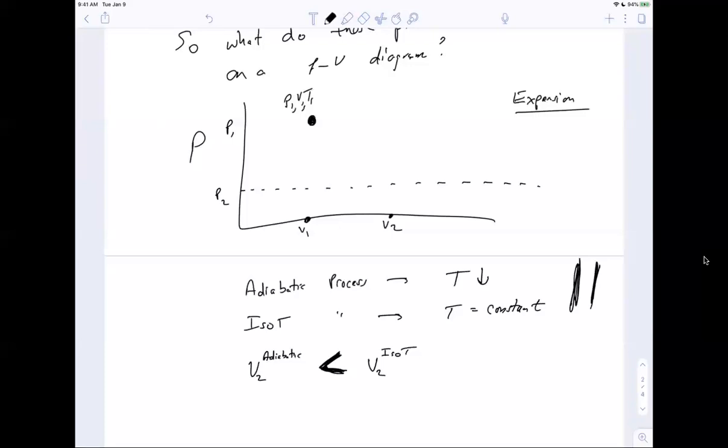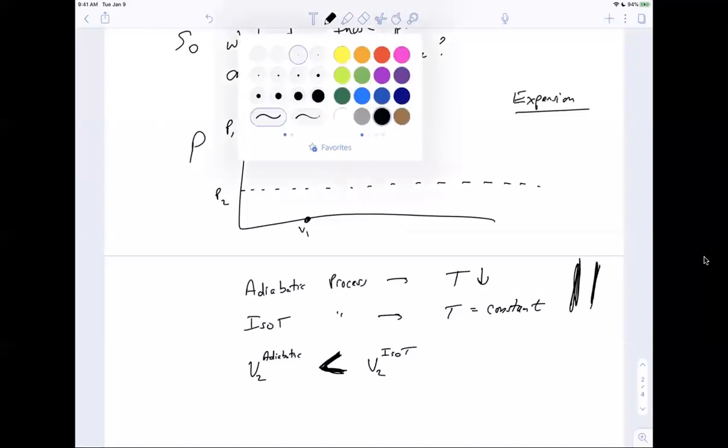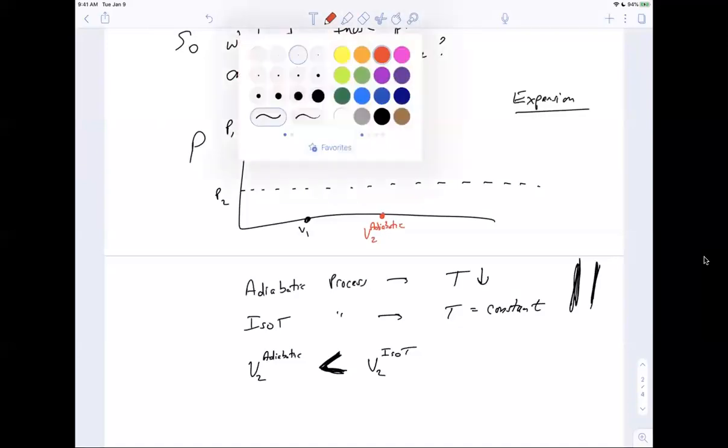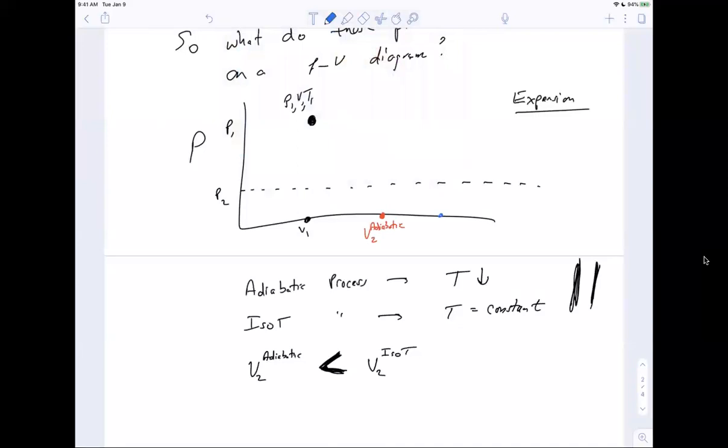I kind of made a mistake here. Let me, oh no, that's V1, that's fine. So let's do this. I'll make V2 adiabatic here. And I'll make V2 isothermal here.